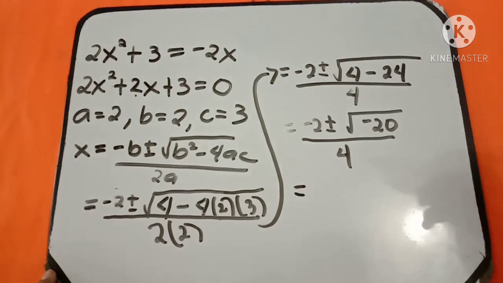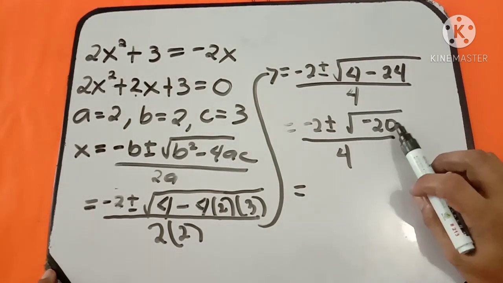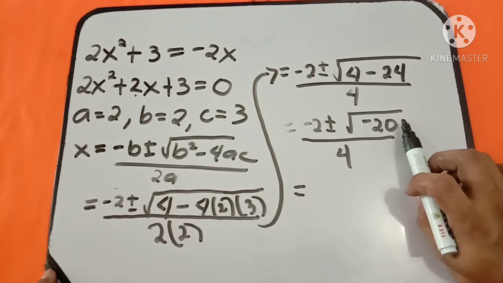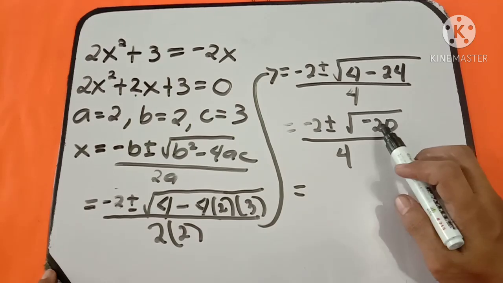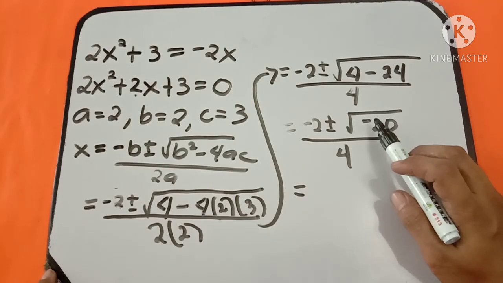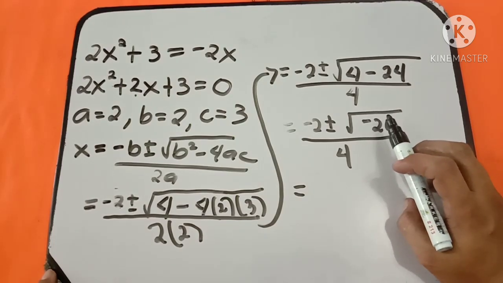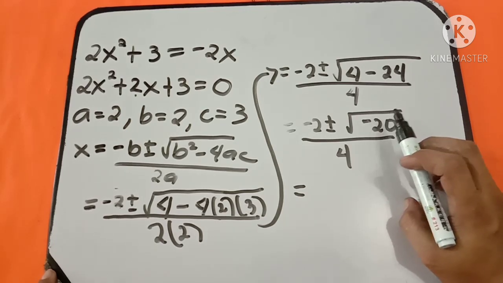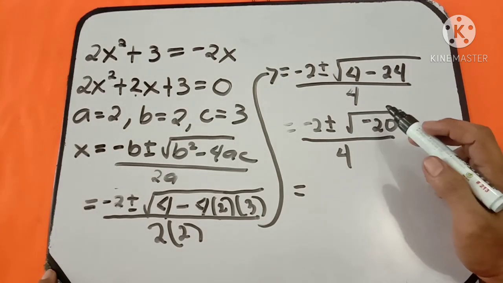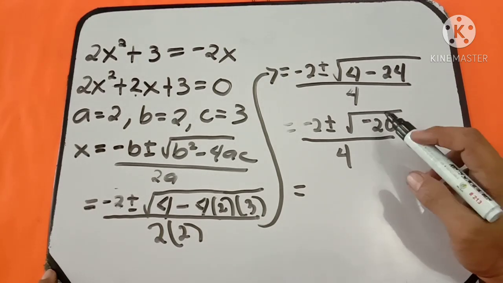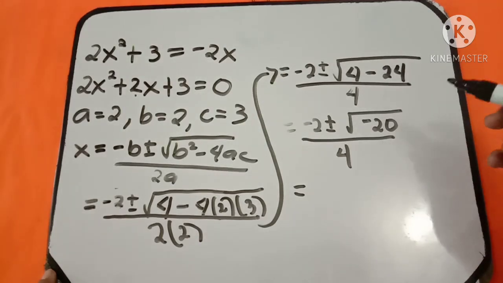Then observe the radicand. When we say radicand, it is the number inside the radical. Our radicand is negative. So that means this is an imaginary number. We can extract this by getting the factors of 20, where one of the factors is a perfect square number. So what is the factor of 20?